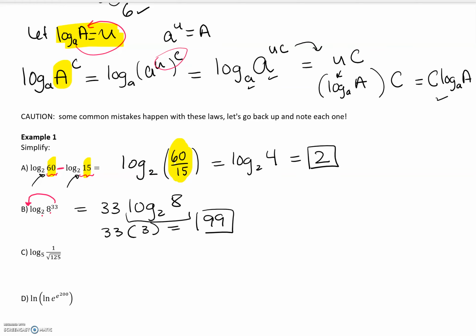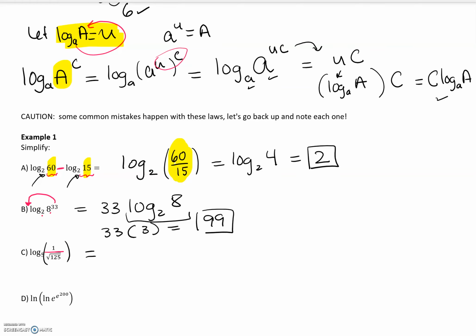Okay, let's go look at part C. Log base 5 of 1 over square root of 125. Well, this seems to be like a quotient inside the argument of a log. So maybe I should apply the second property and change the division into a subtraction.